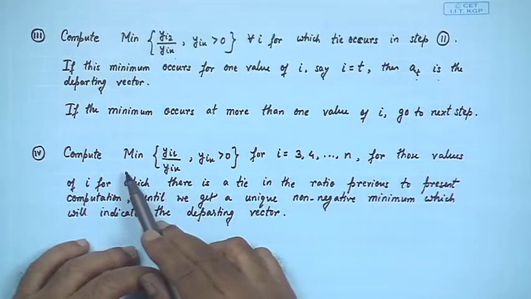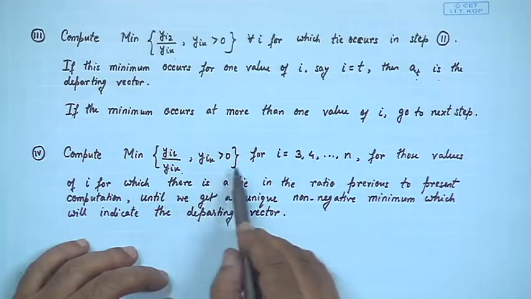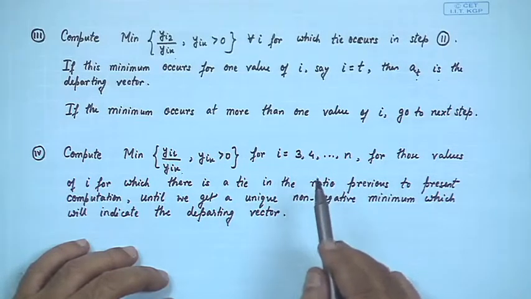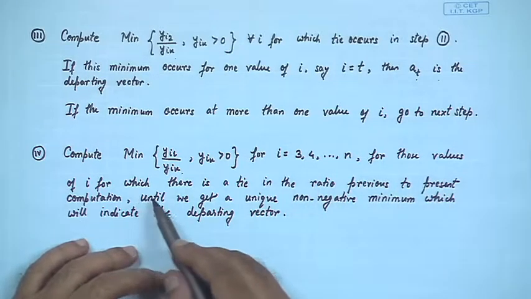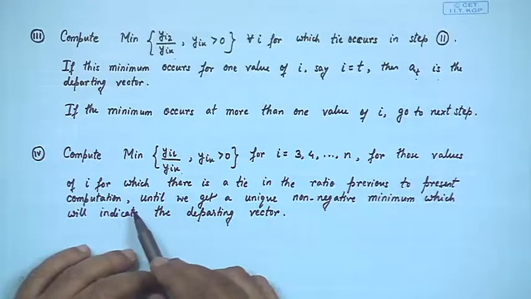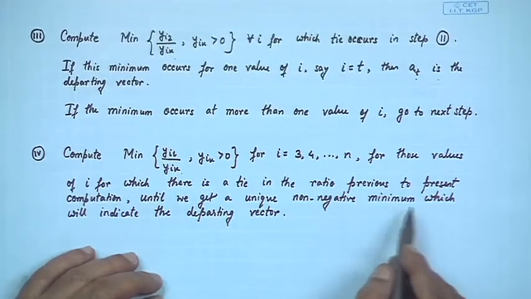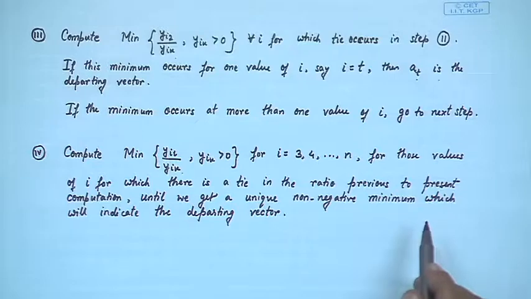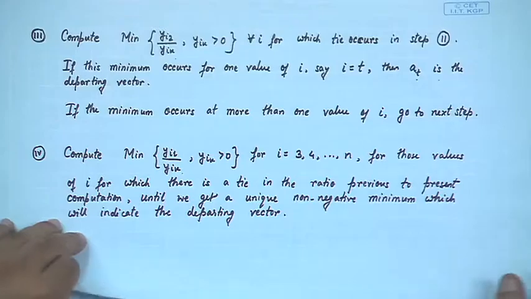Compute in this way the minimum of yil by yik for l equals 3, 4, and so on, for those values of i for which there is a tie in the previous computation, until we get a unique non-negative minimum, which will indicate the departing vector. Basically, I have to repeat the process until I obtain a unique minimum.